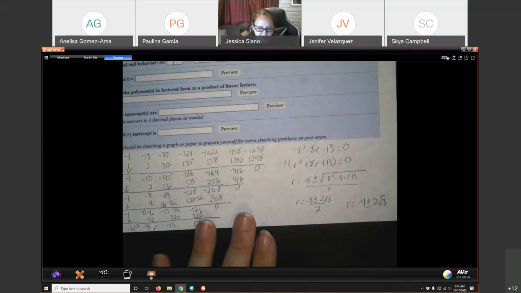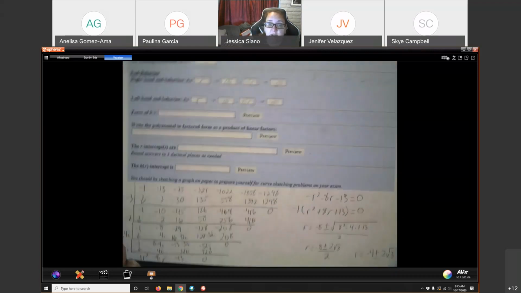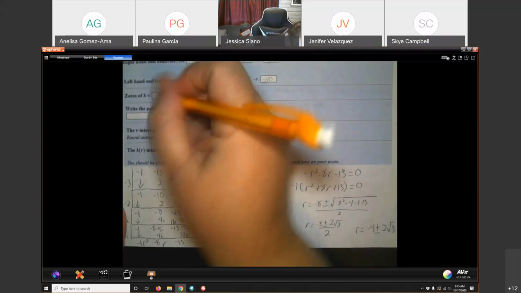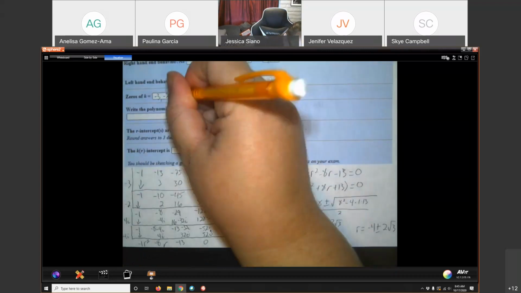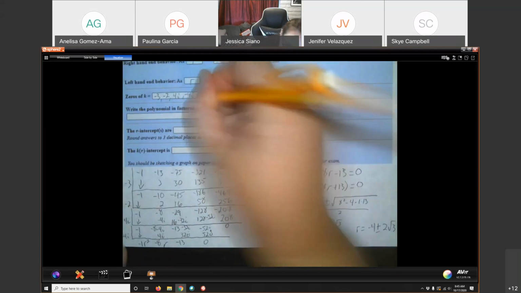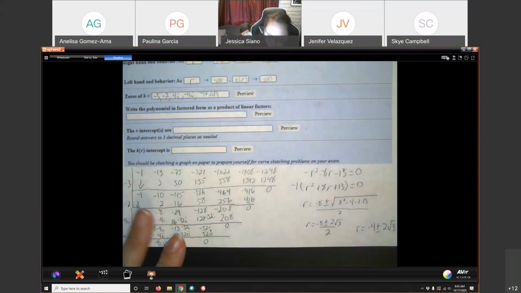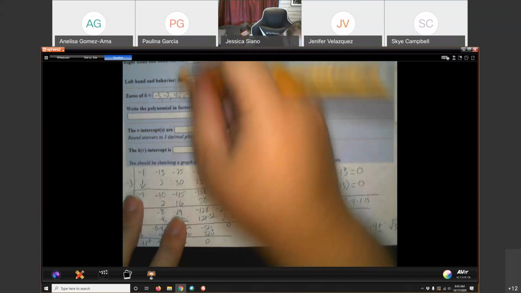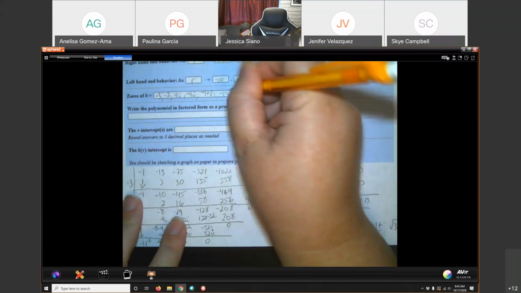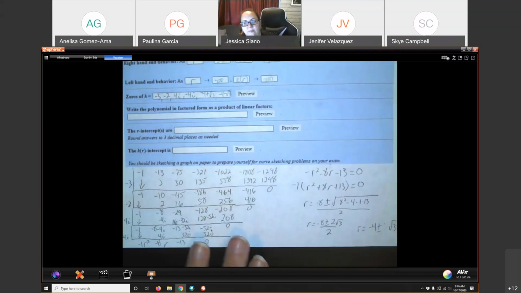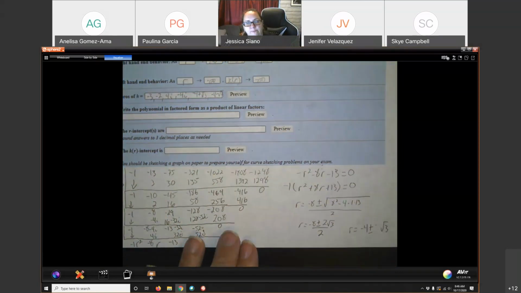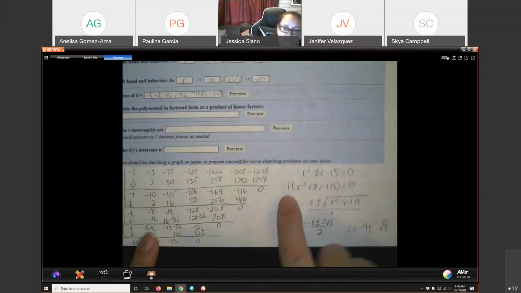Okay, so then my zeros are negative 3, negative 2, 4i, negative 4i, negative 4 plus 2 rad 3, negative 4 plus rad 3, negative 4 minus rad 3. And then as the product of linear factors, that would need the negative 1 in front.